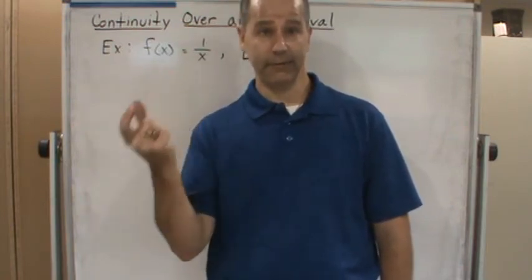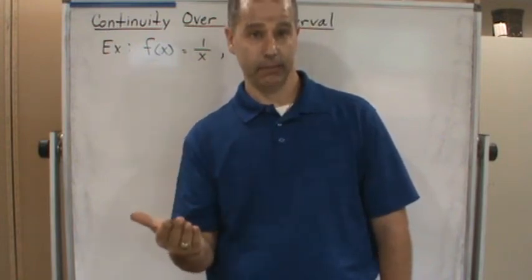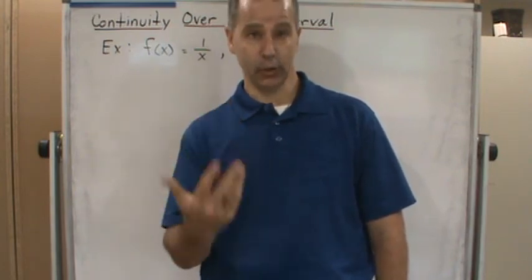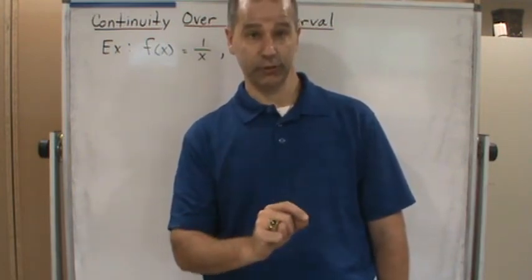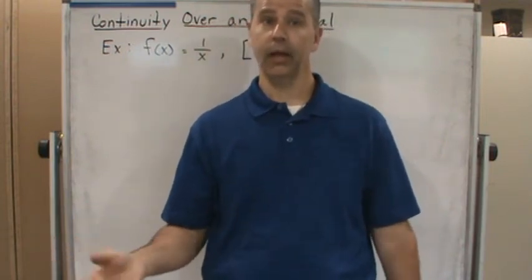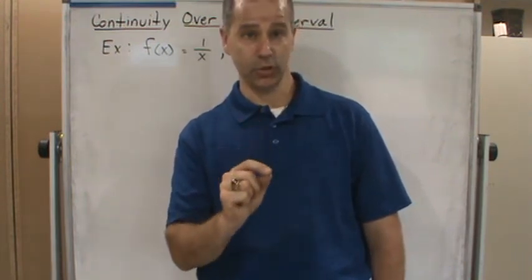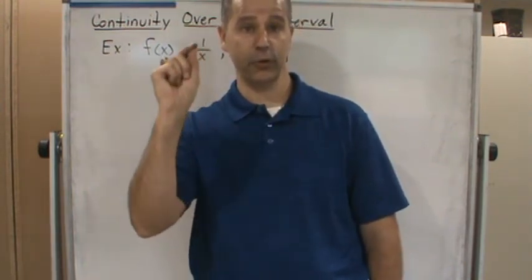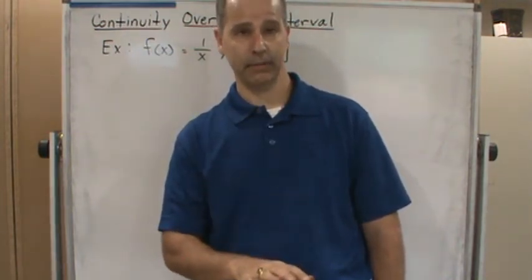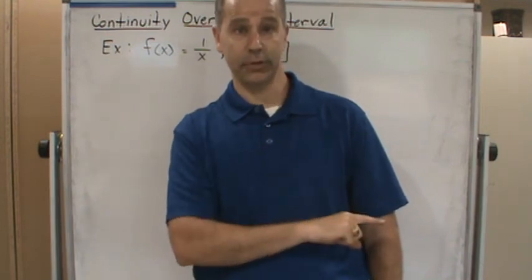If f of a and f of b have the same sign, both positive or both negative, then the intermediate value theorem is inconclusive. There might be zeros in the interval, there might not. The only time the intermediate value theorem is conclusive when it comes to zeros is if f of a and f of b have opposite signs.